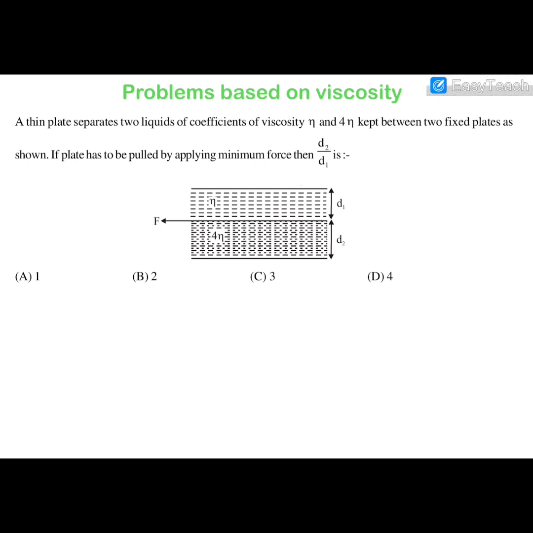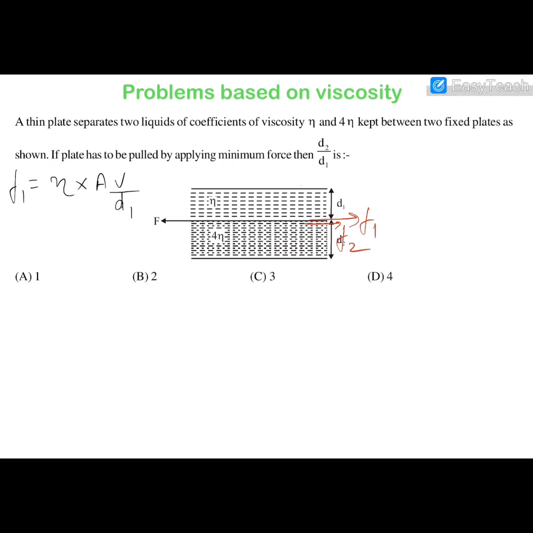So we can easily predict that the viscous force applied by the upper liquid will be F1, and the viscous force applied by the lower liquid will be F2. And if we write down the viscous force of the upper liquid, then we can say that F1 would be equal to eta into area, let's suppose A, and velocity, let's suppose V. Okay, and the width of this upper layer of the liquid is d1.